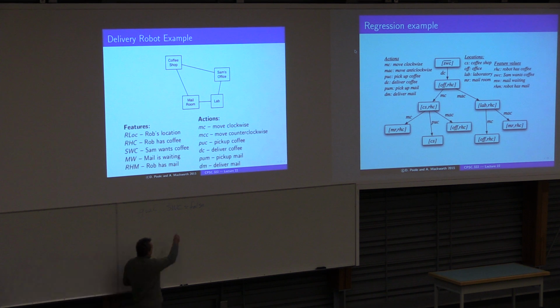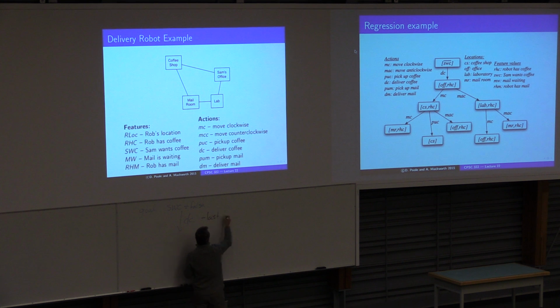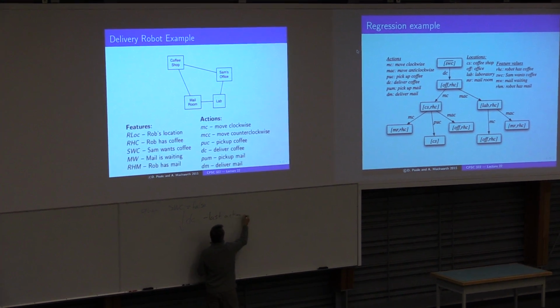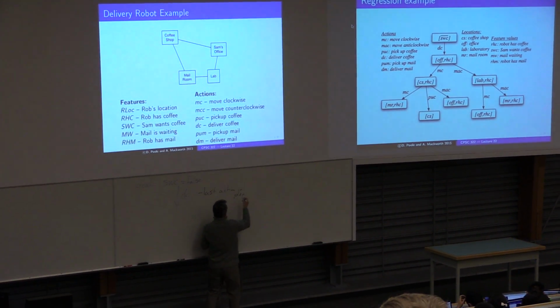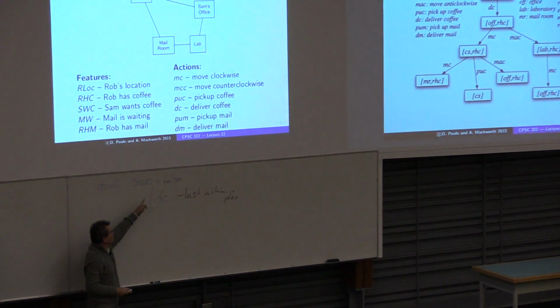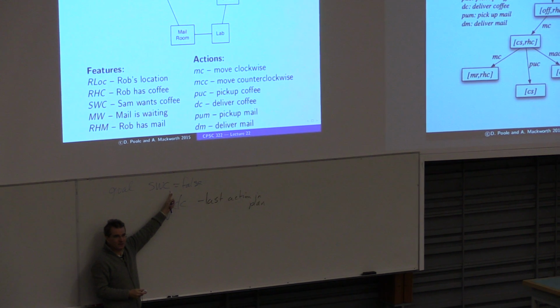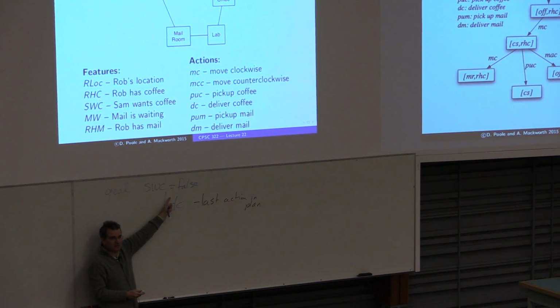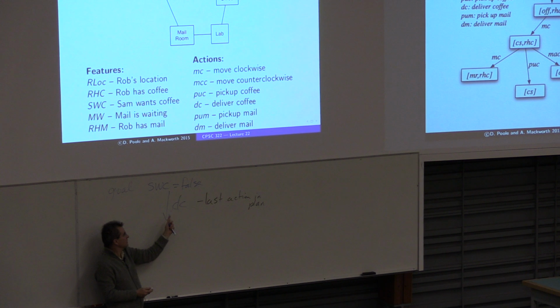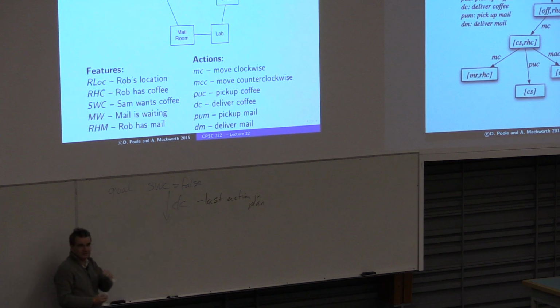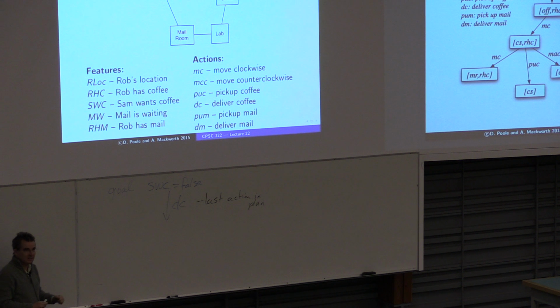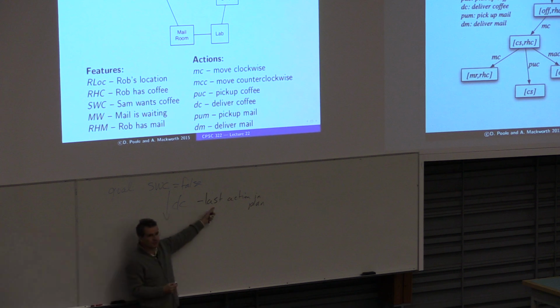So DC is going to be the last action in the plan. And there's only one last action in the plan. Once this is achieved, we're going to stop. The only thing that can make this achieve it is deliver coffee. Right? Does that make sense? So deliver coffee is the only possible last action in the plan. It's the only thing that achieves one of these things.